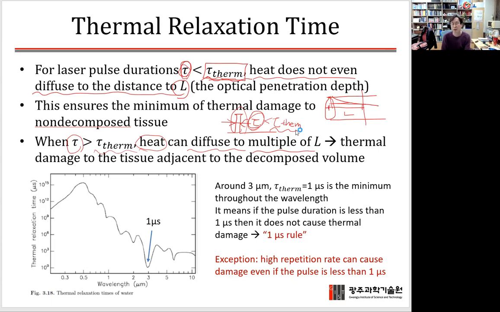This is the optical penetration depth, which means that when you are giving light, it will penetrate the tissue to the depth of 1/α. So that's the definition of the optical penetration depth. This 1/α is the depth at which, when you are giving the laser to the tissue, the tissue will be absorbing most of the light energy up to this 1/α position.